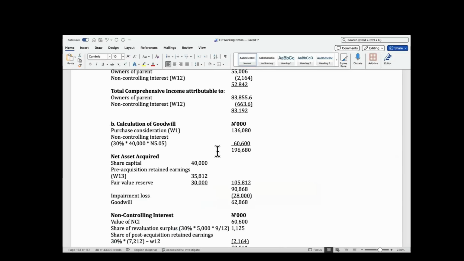So technically that's the end of group accounts for skills students. But again, there was a day they asked you guys group cash flow. And for that reason, I'll be teaching you group cash flow, so that they won't surprise us, because I don't want surprises. I want to teach you everything that you need to know.